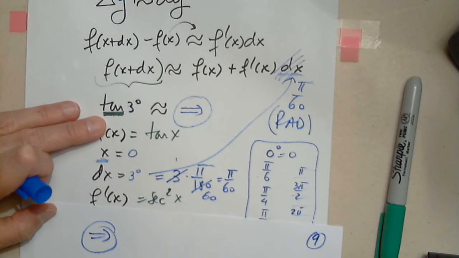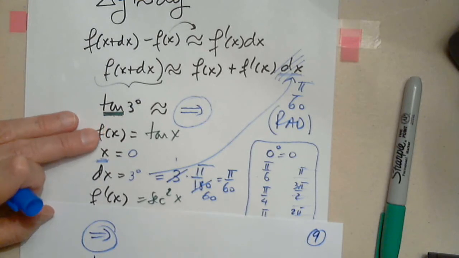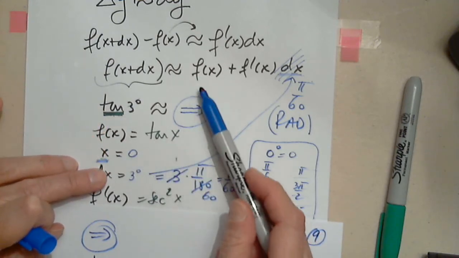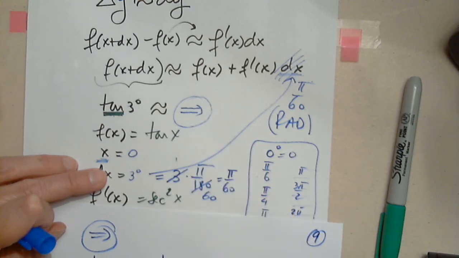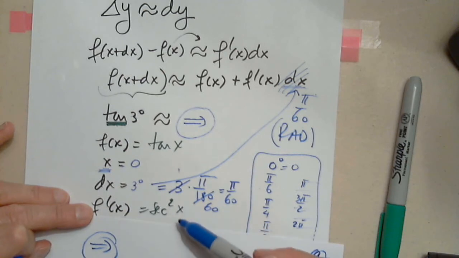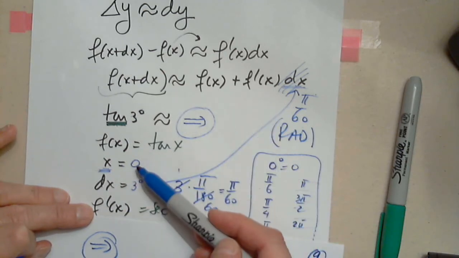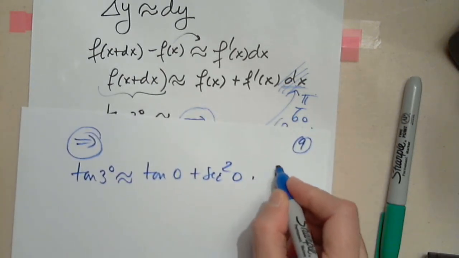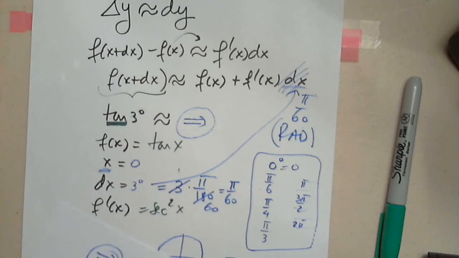I have the tangent. Let me write it again. Tangent 3 degrees is approximately f of x. X is 0, tangent 0. And then f prime is secant squared of x, which is 0. So that's plus secant squared 0, and then times pi over 60.